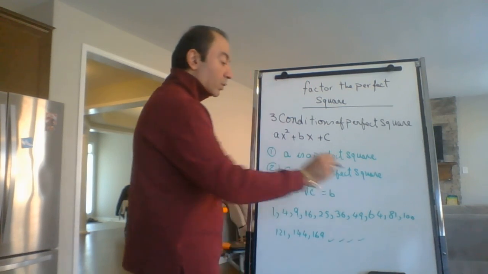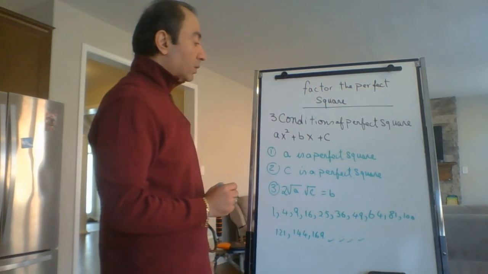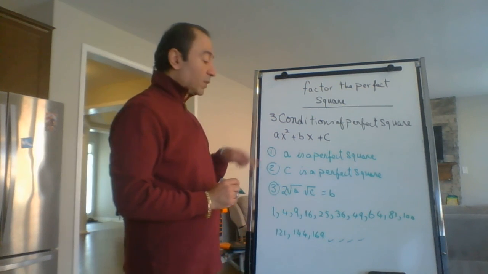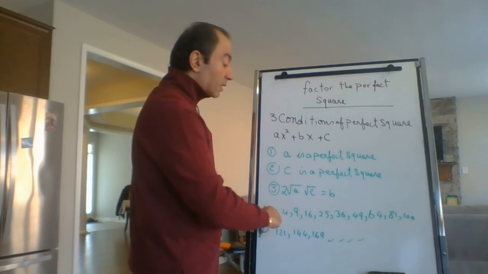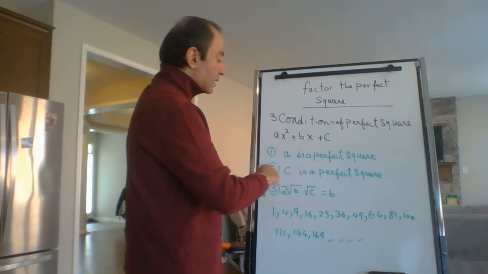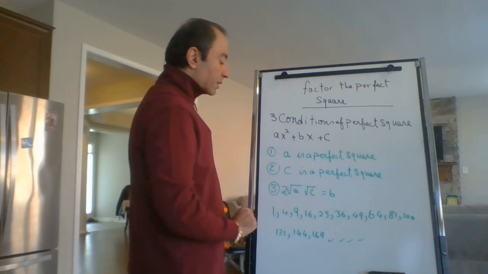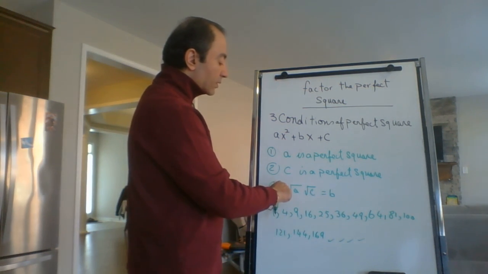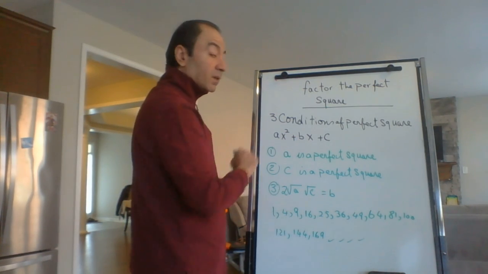I can find the square root of those. So, to say that the quadratic is a perfect square, A must be one of these numbers, C must be one of these numbers, and if we multiply the square root of A times the square root of C times 2, we get the middle term.